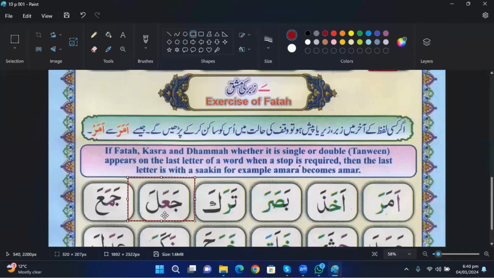So Ba Fatha Ba, Kha Kasra Khi, Bakhi, Lam Fatha La, Bakhila. In stop condition, it will become Bakhil. You can tell them that Azina will be read with a soft tone, and in the word Bakhila, Kha will be read with a full mouth.